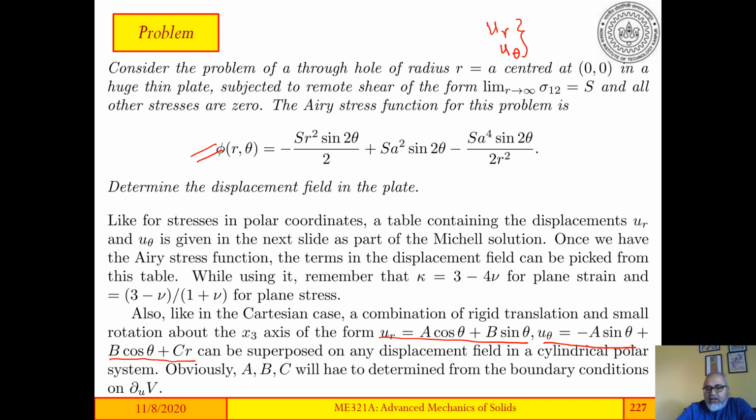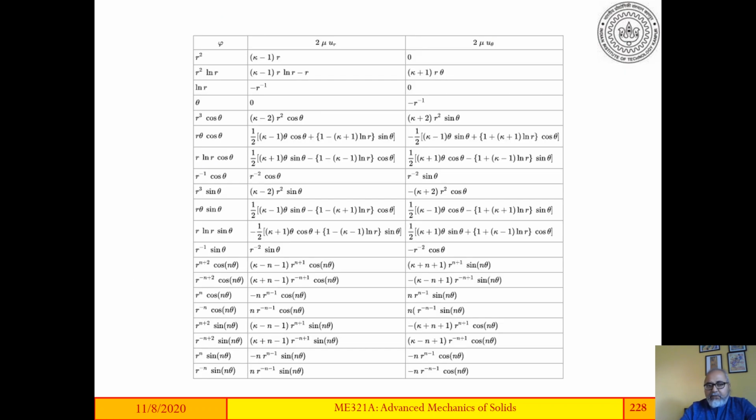Now, keeping this in mind, we have a Mitchell table for displacements where again, these are the possible terms that you can have in the expansion of phi. And 2 mu u_r and 2 mu u_theta are given for each of these terms, where mu is the shear modulus. There is another quantity called kappa, which arises based on whether you consider plane stress or plane strain.